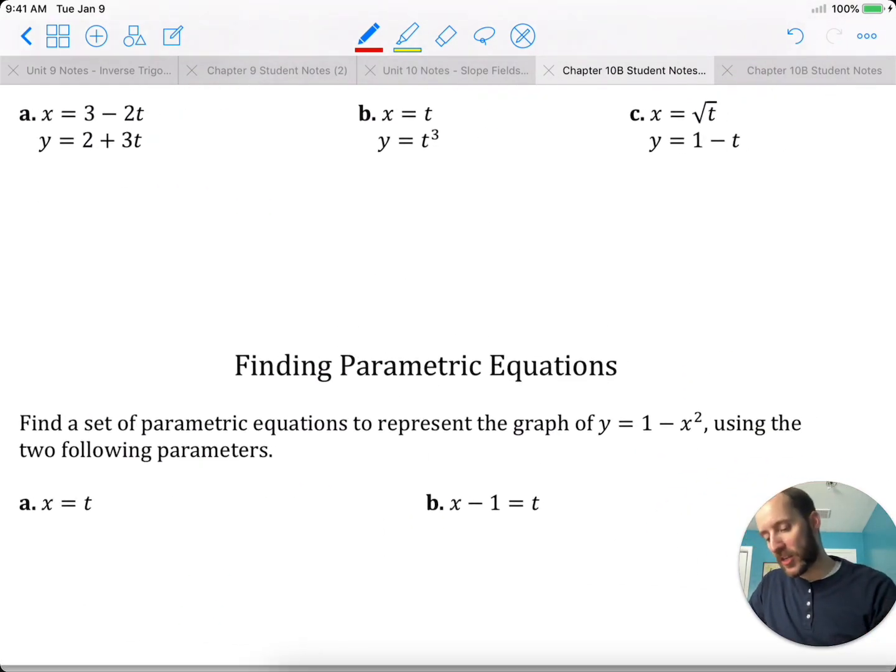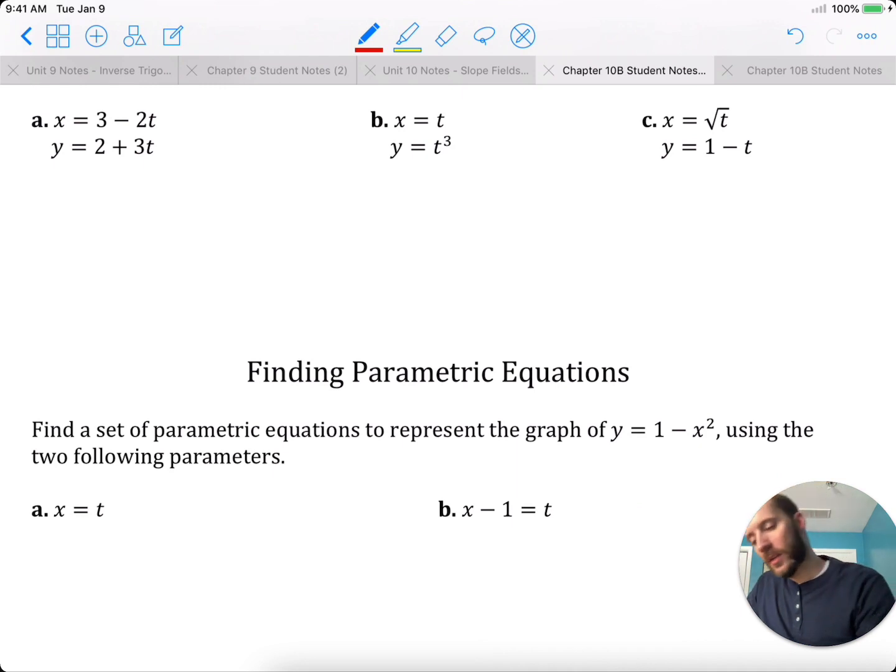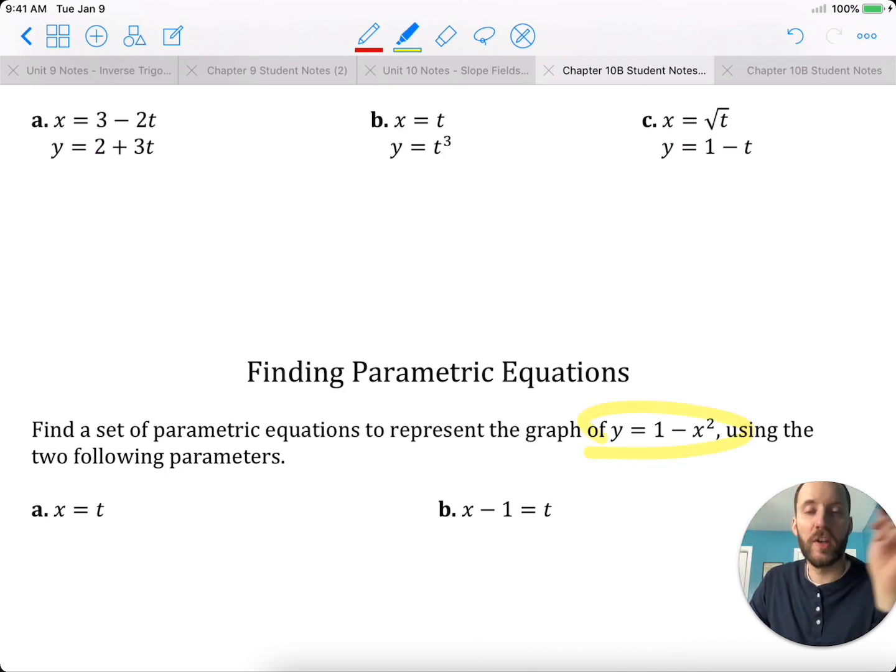Finding parametric equations, okay? So if you want to go from rectangular to parametric, first you need a parameter. You need to introduce t. How is t going to affect your x's and or your y's?